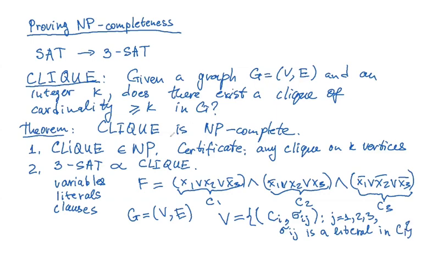Okay, so for example, for the formula that we have here, the vertices corresponding to the clause C1 would be the following. It's going to be C1 and X1, because X1 is the first literal in our clause, then we'll have C1, X2, and we'll have C1, not X3.